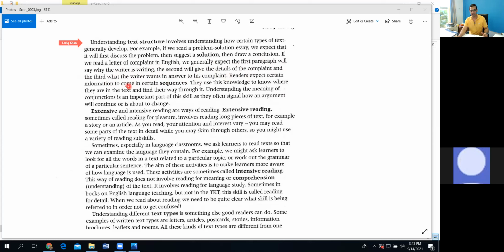Readers expect certain information to come in certain sequences. Every writing, for example, you receive an invitation card for a wedding. So you know how the information would be given.